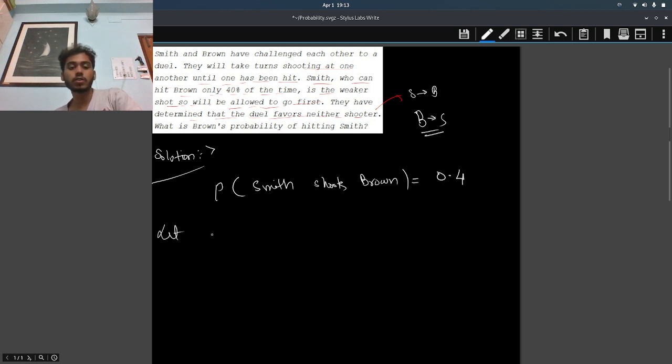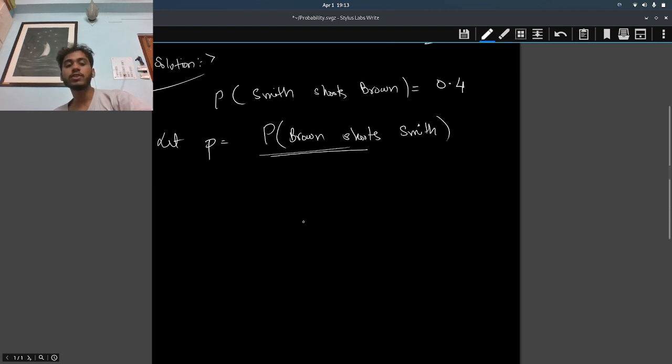Let P equal the probability that Brown shoots Smith. Clear? So basically 1 minus P will be Brown cannot shoot Smith, and 0.6 will be Smith cannot shoot Brown, right?